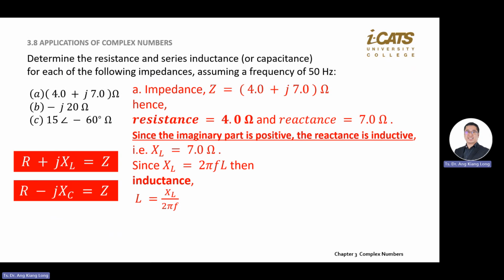You rearrange the equation: L equal to XL divided by 2 pi F. Then substitute the value, and you get the answer in H. M means milli. So this is an application of the complex number.